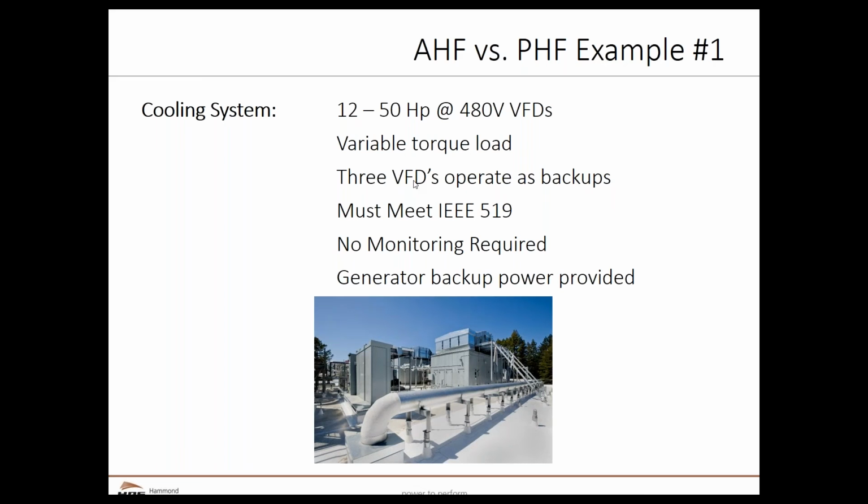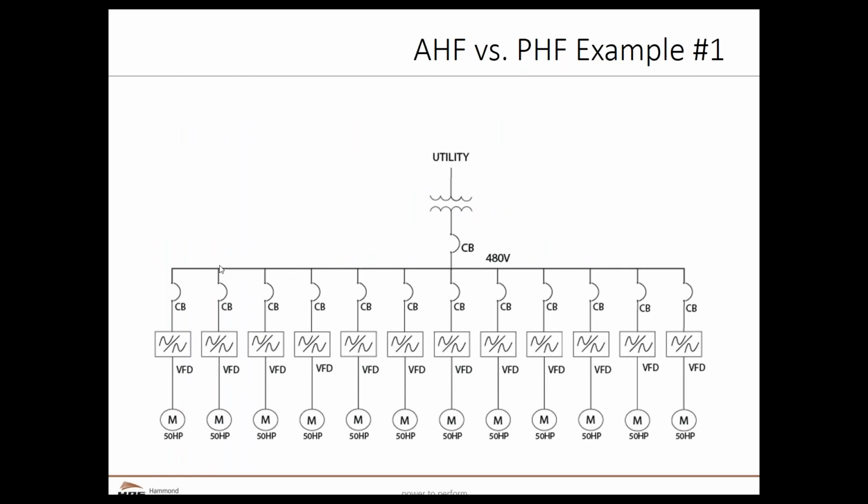In this case, harmonic levels need to meet IEEE 519 recommendations at the point of common coupling. So this just illustrates on a one-line diagram. We've got 12 50 horsepower VFDs. They're 480 volts, fed by a 480 volt MCC bus, 12 50 horsepower motors.